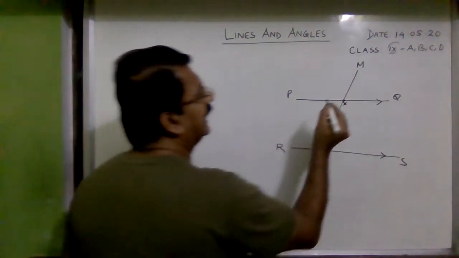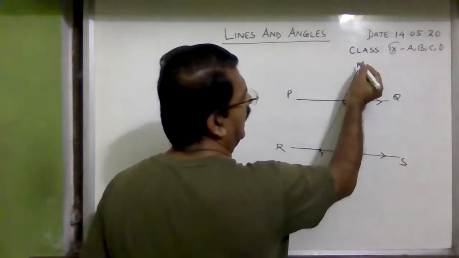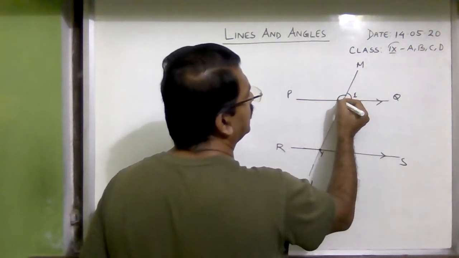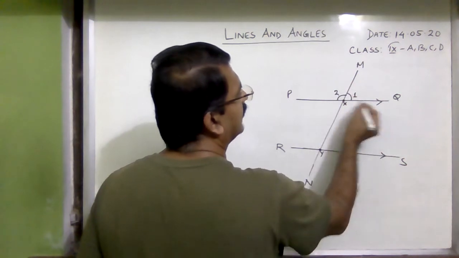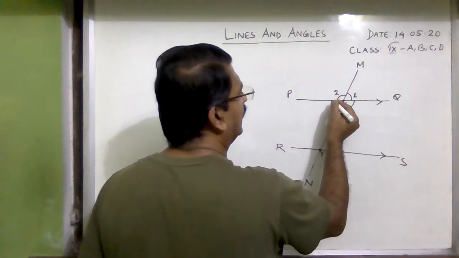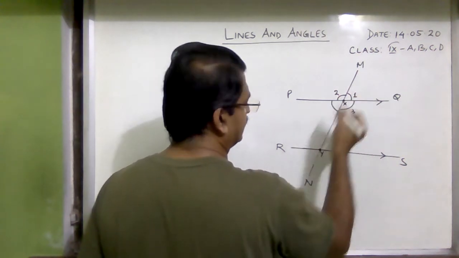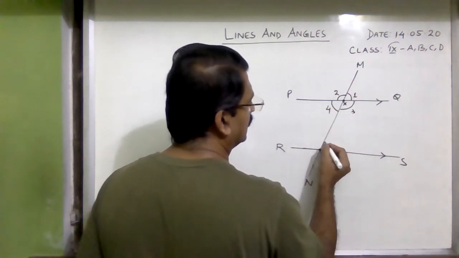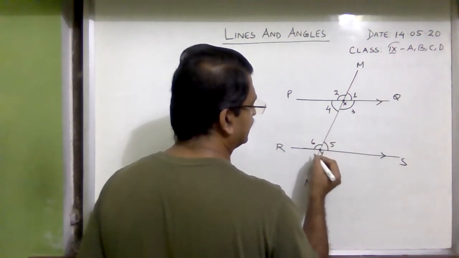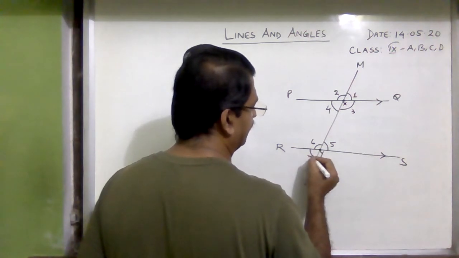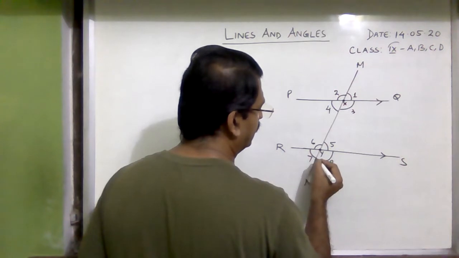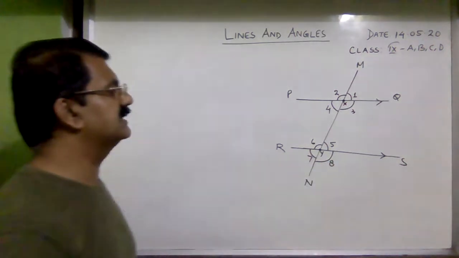Now I name this angle, means angle MXQ, as 1, then MXP as 2, then QXY as angle 3, and PXY as angle 4, this angle as 5, this as 6, this as 7, and this angle as 8. So I have named these angles in this way.